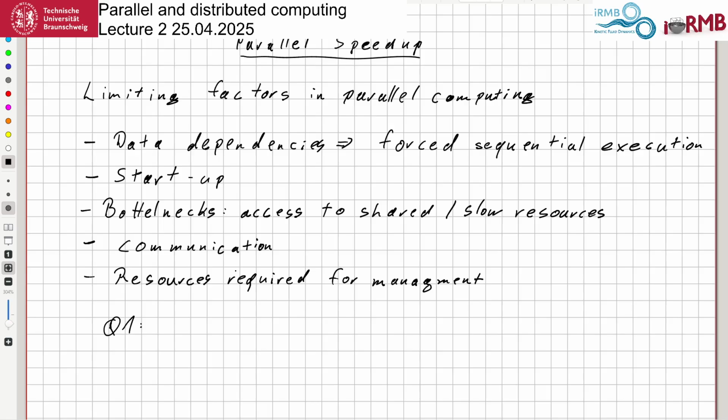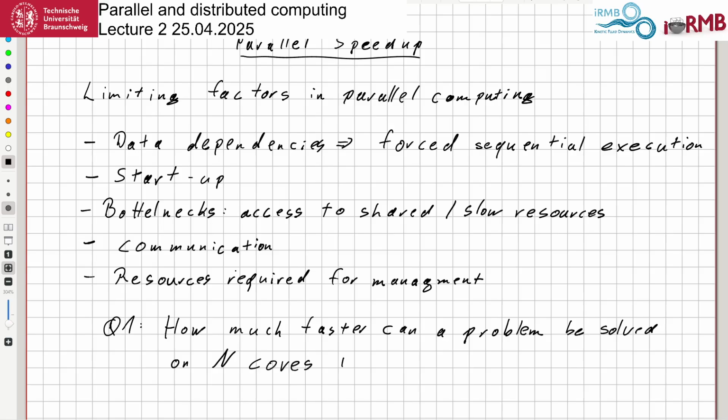The first question is how much faster can a problem be solved on n cores instead of one core.